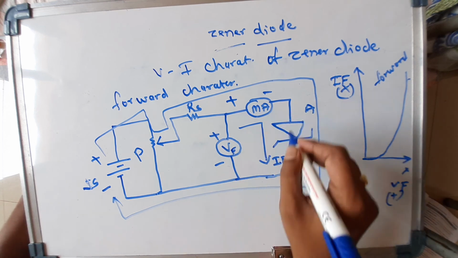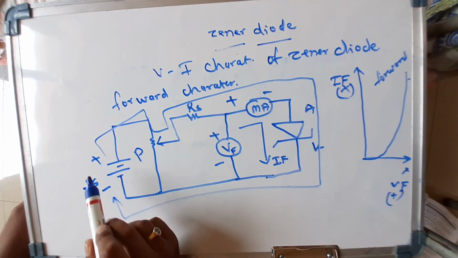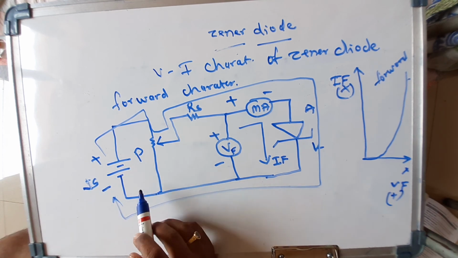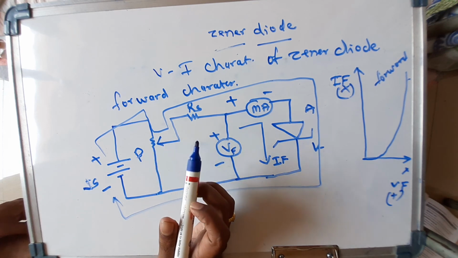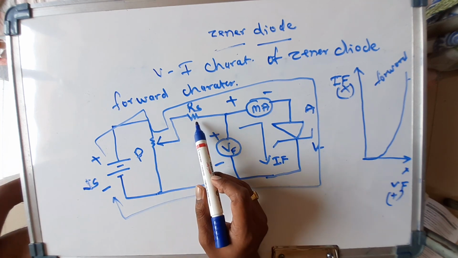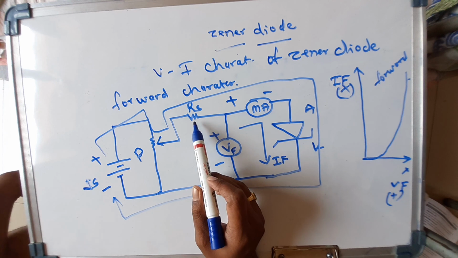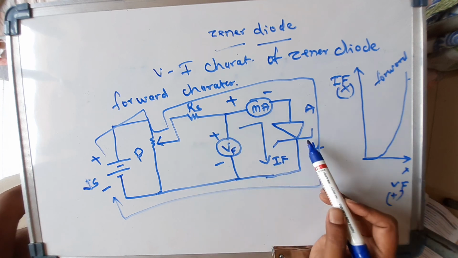Okay, in forward bias mode, that is plus to minus. In reverse bias, I will change the polarity, that is minus to plus will be there. Okay, as soon as I will increase this pot, by using this pot I will increase the voltage. After increasing the voltage, this Rs is the current limiting resistance. Rs is what? The current limiting resistance. This resistance will be used to protect this Zener diode.